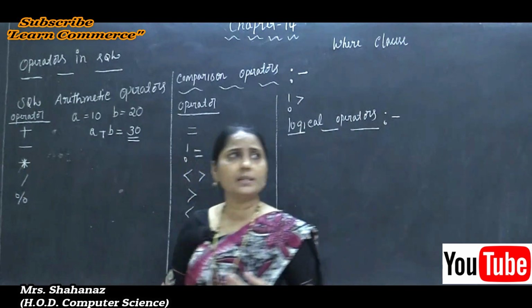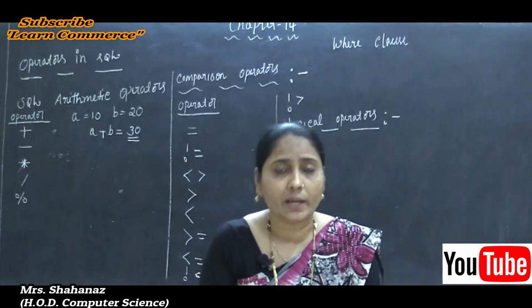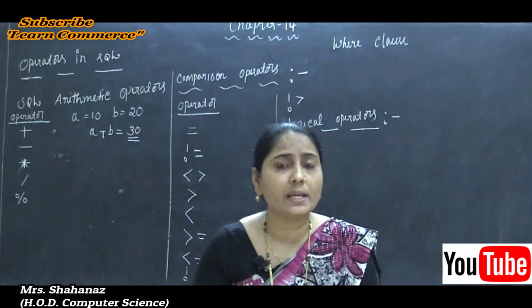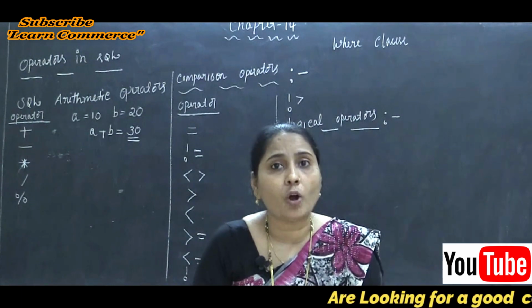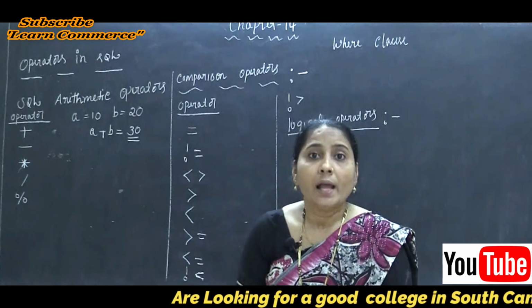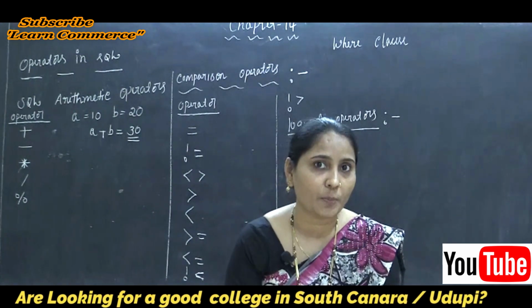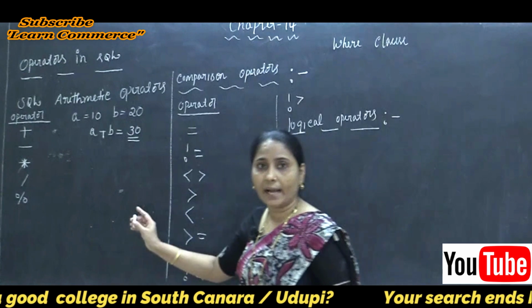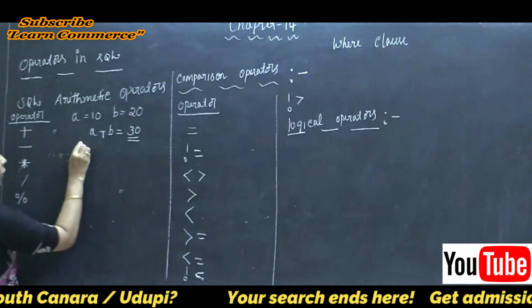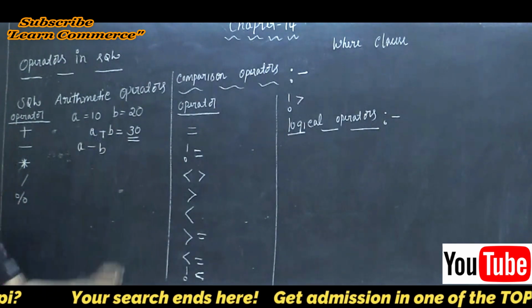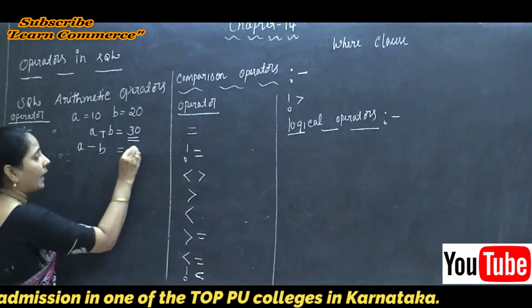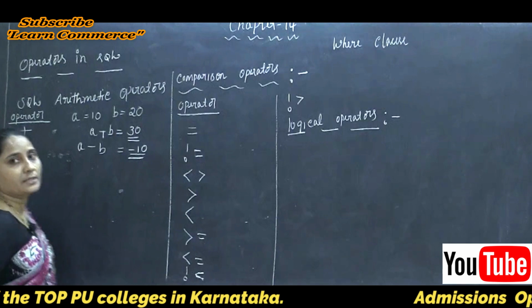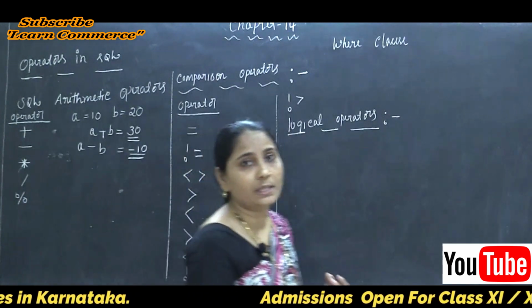Next one is our subtraction, because minus is called subtraction. It subtracts the right hand operand from the left hand operand. Clear this point here? When you subtract, that means 10 minus 20, the value will be minus 10. Clear this point here? The value will be minus 10.